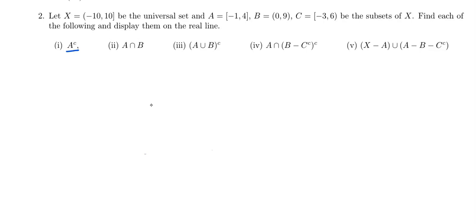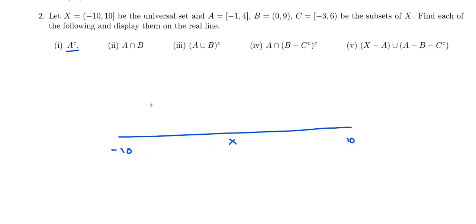It is very simple. So what's our first thing we are going to do? We are going to draw the line. The line of our X. So this is our X, this is our set X. It is running from -10 up to 10.